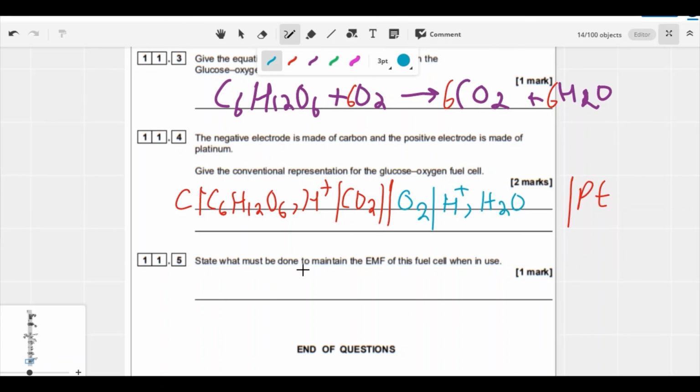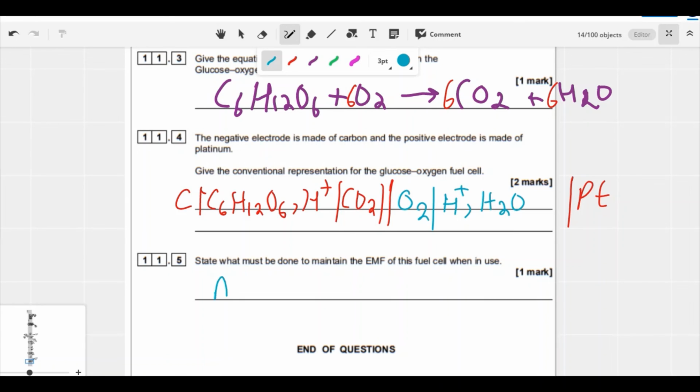Okay, now next question 11.5, and that is your last question. State what must be done to maintain the EMF of this fuel cell when in use. As you can see, there is consumption of the reactants. So to maintain the EMF of this fuel cell when in use, we constantly add reactant, or constantly add glucose.